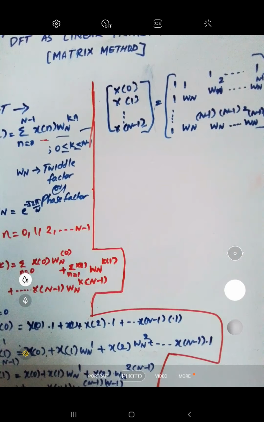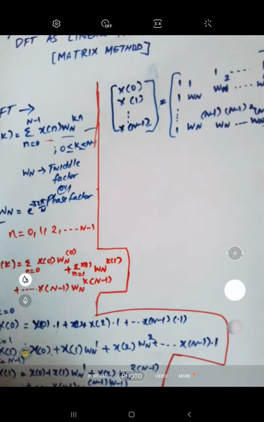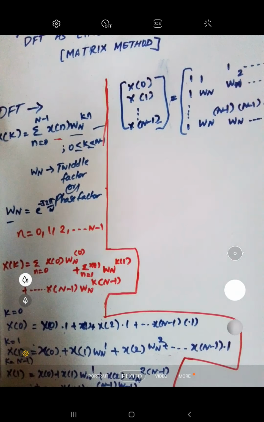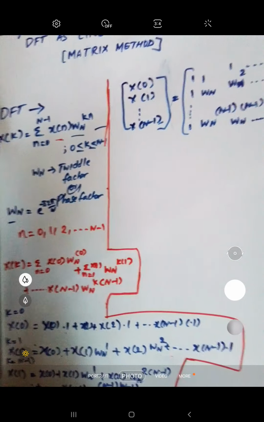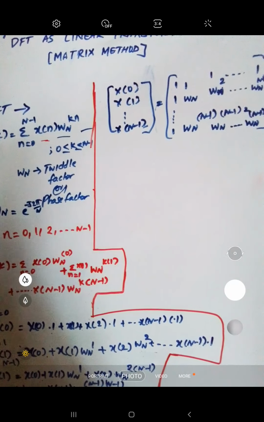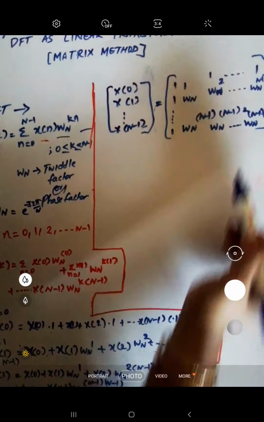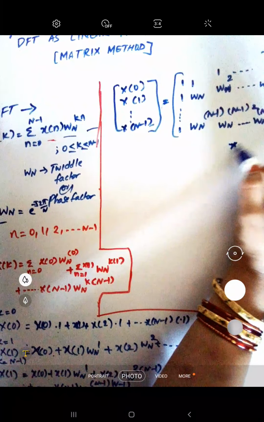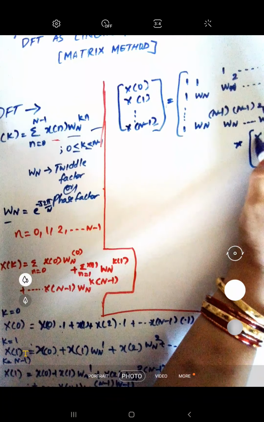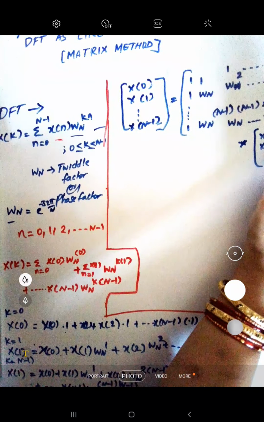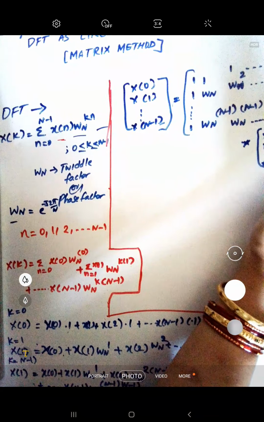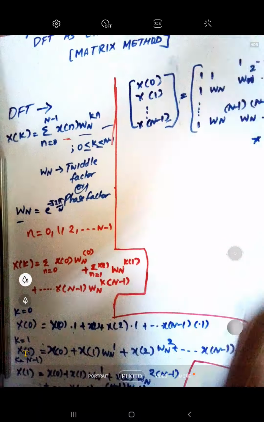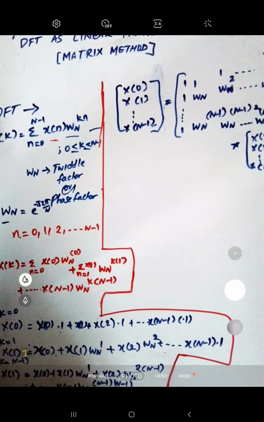By multiplying both sides with x of 0, x of 1, up to x of N minus 1, because it is common in all columns, both sides will be similar.